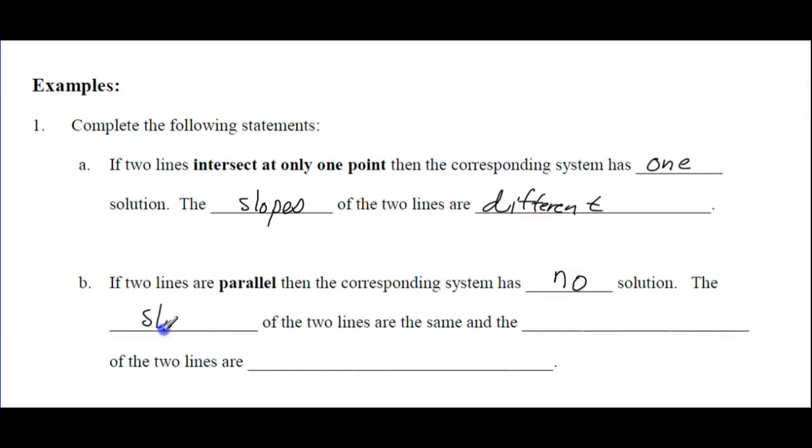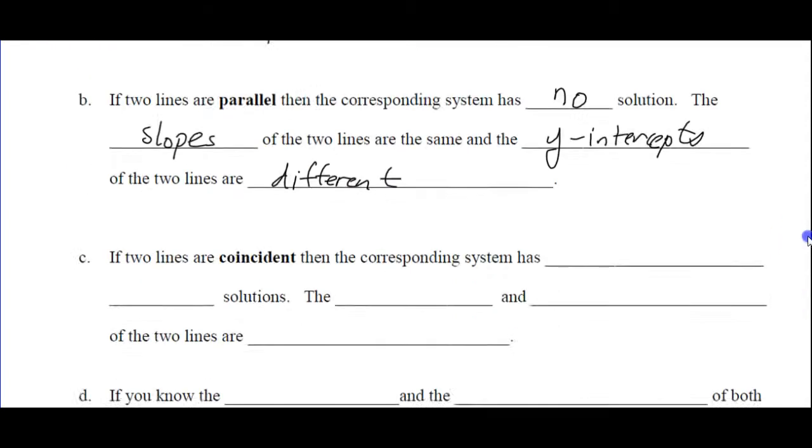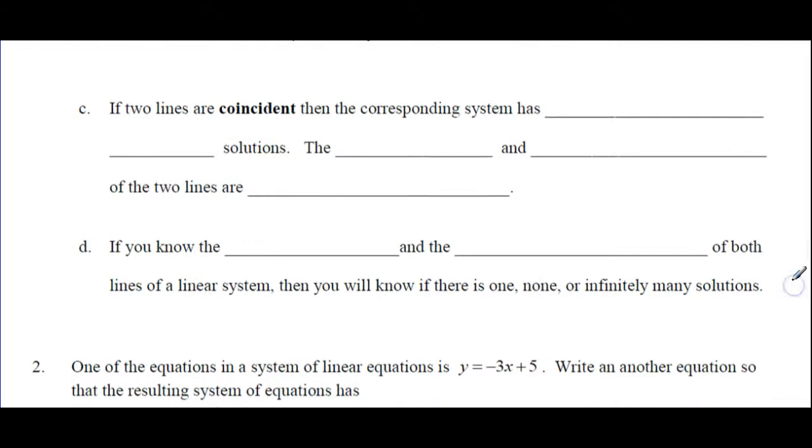The slopes of the two lines are the same, and the y-intercepts are different. So same slope, different y-intercept. You have two different lines, parallel lines, and no solution. If two lines are coincident, then the corresponding system has infinitely many.